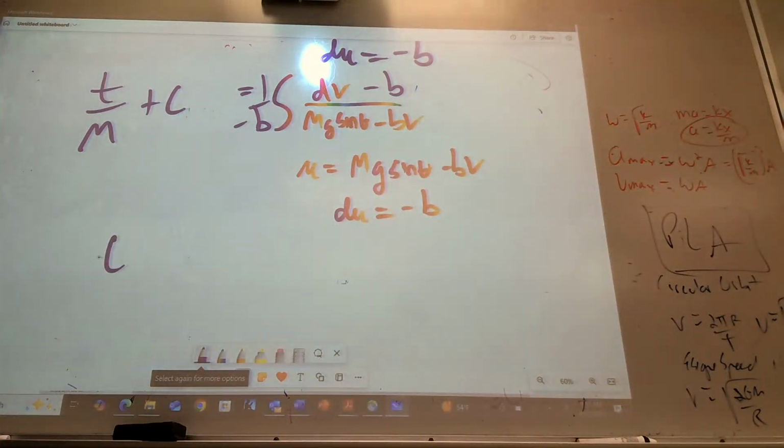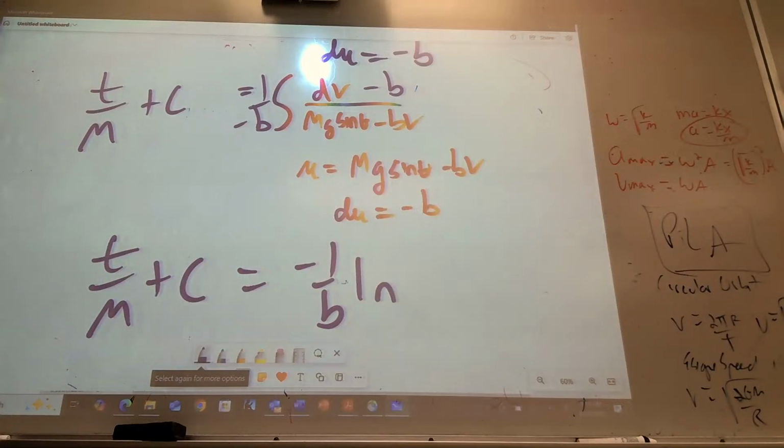Okay, so you have t over m plus c is equal to minus 1 over b ln. Now, we usually use absolute value, but in this case, we know that we're not going to be working with negatives. So we can just use ln mg sine theta.